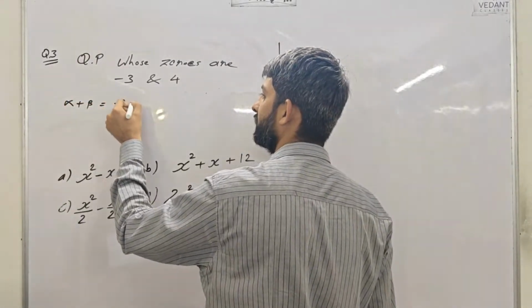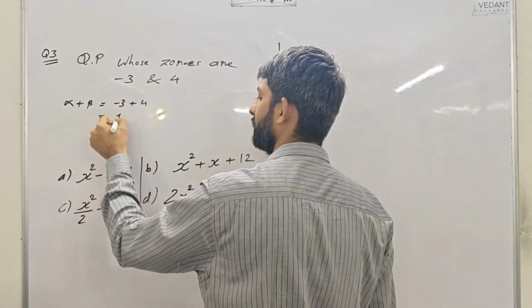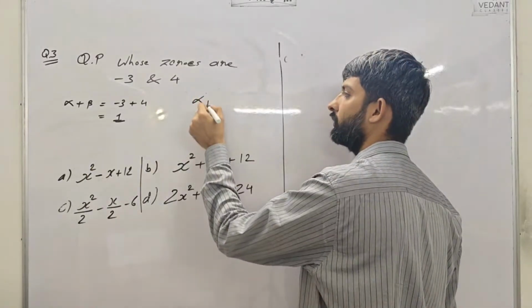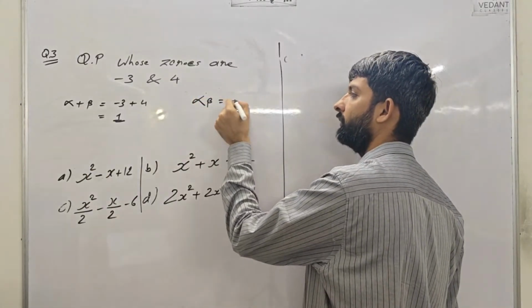So that is minus 3 plus 4, that is plus 1. And then you find the product of zeros. So that is minus 12.